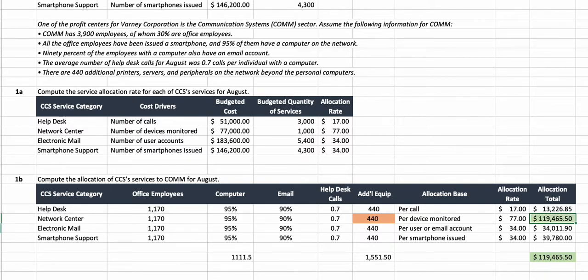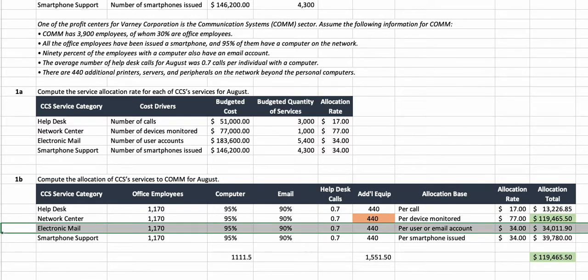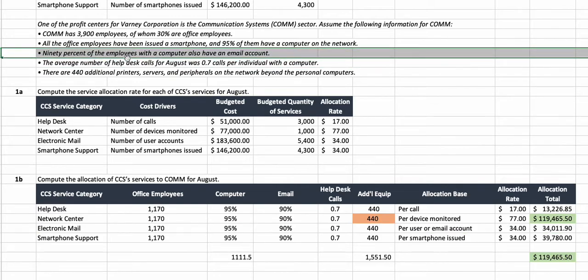Now, what about the electronic mail? So we know that with the electronic mail, it says that 90% of employees with a computer also have electronic mail, or email.